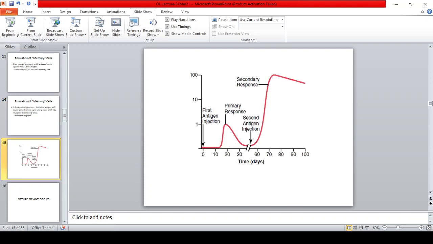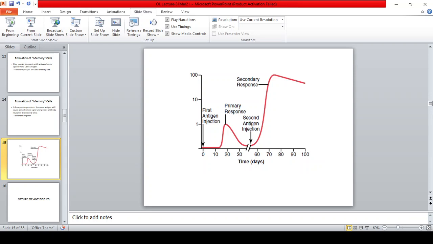Now let's have a look at this diagram, which shows the primary response and the secondary response. It shows the differences between the primary response for the formation of antibodies that occurs on the first exposure to a specific antigen, and the secondary response that occurs on the secondary exposure to the same antigen.